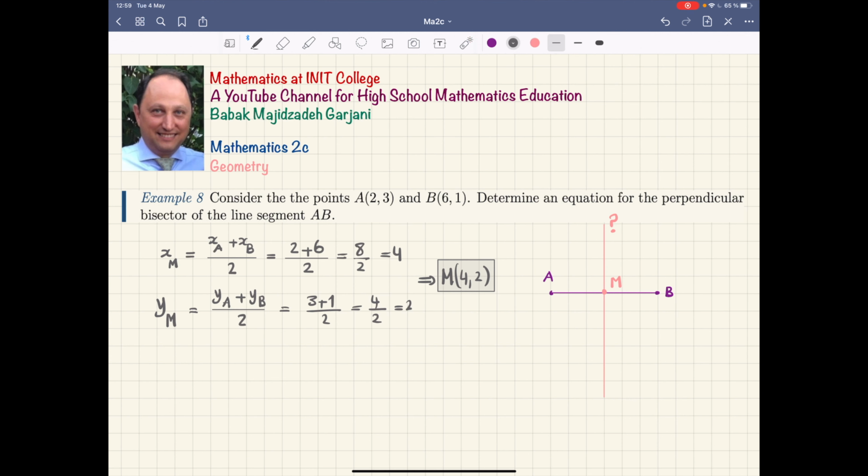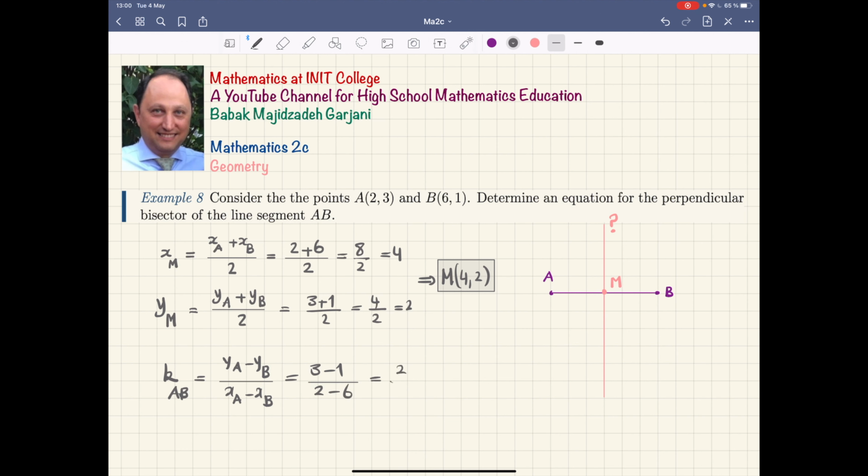So here, as you suggested correctly, let us write K with AB here. It means I am considering the K value of AB. The formula is given: y of A minus y of B, divided by the corresponding subtraction of x coordinates. What is y of A? It's 3. y of B is 1. What's x of A? 2. x of B is 6.